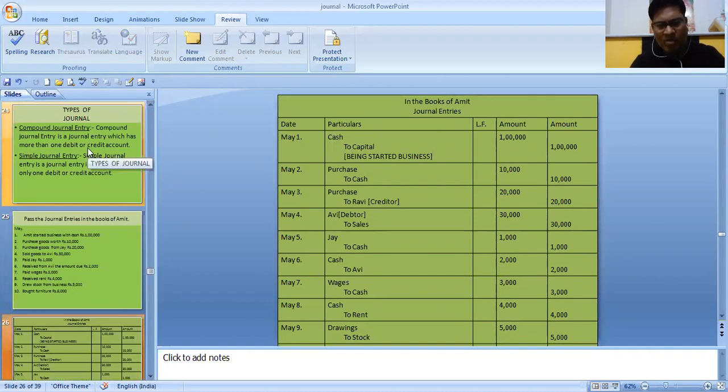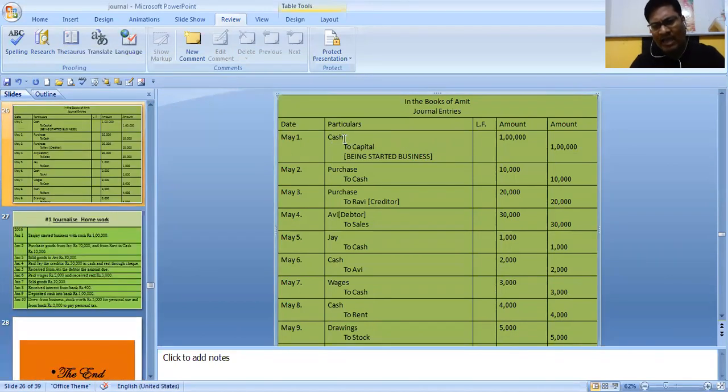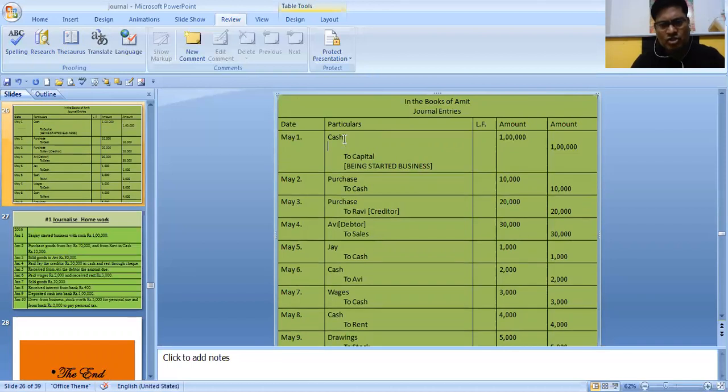Now we have the compound journal entry. Suppose we started our business not only with cash of 1 lakh but also with stock of 20,000, stock S-T-O-C-K. Then I would have recorded it like this.